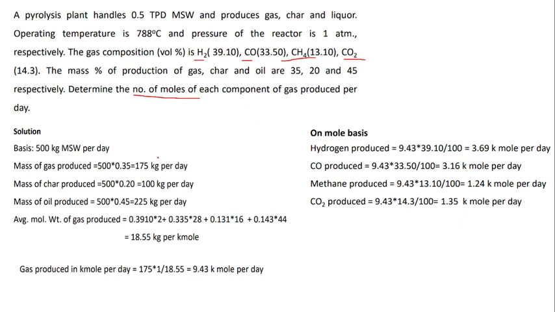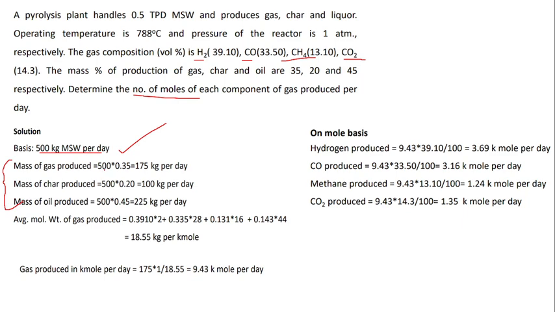First, we will solve it on the basis of 500 kg of MSW per day. So we are taking 500 kg MSW per day. In this one the amount of solid, liquid and gas product formed is given. Okay, 35, 20 and 45 are the percentages of gas, char and oil.